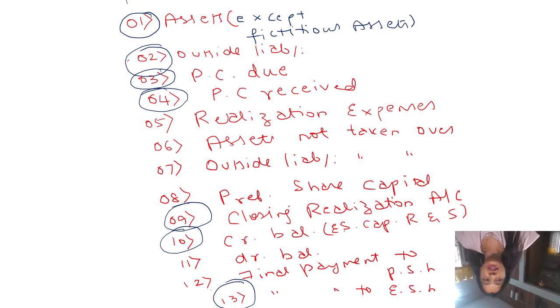Now, once you pass the closing entries in the books of transferor company, you have to prepare ledger accounts of whatever entries you posted in the journal. But if you open all the ledger accounts from the journal, you will never finish the problem in 2.5 or 3 hours within your stipulated exam time.